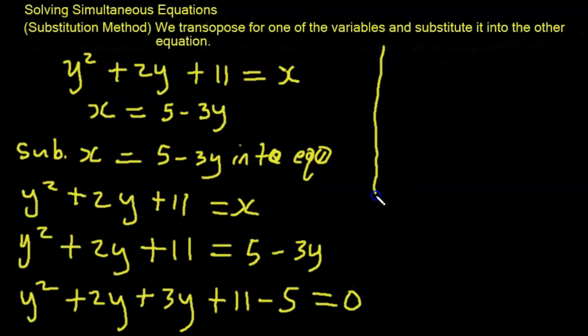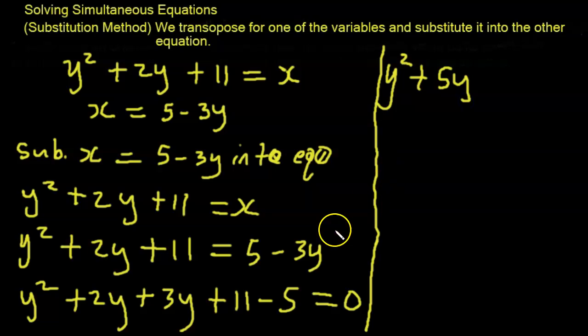Let me just separate this, just to not make it too confusing. So, we add what we grouped, so we have y squared and 2y plus 3y, that's 5y. And 11 minus 5, that's positive 6.